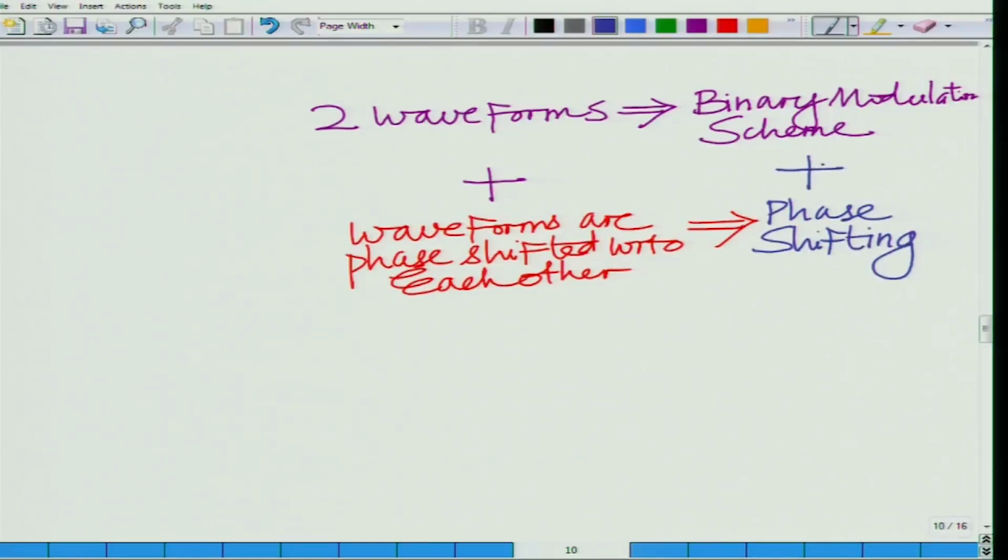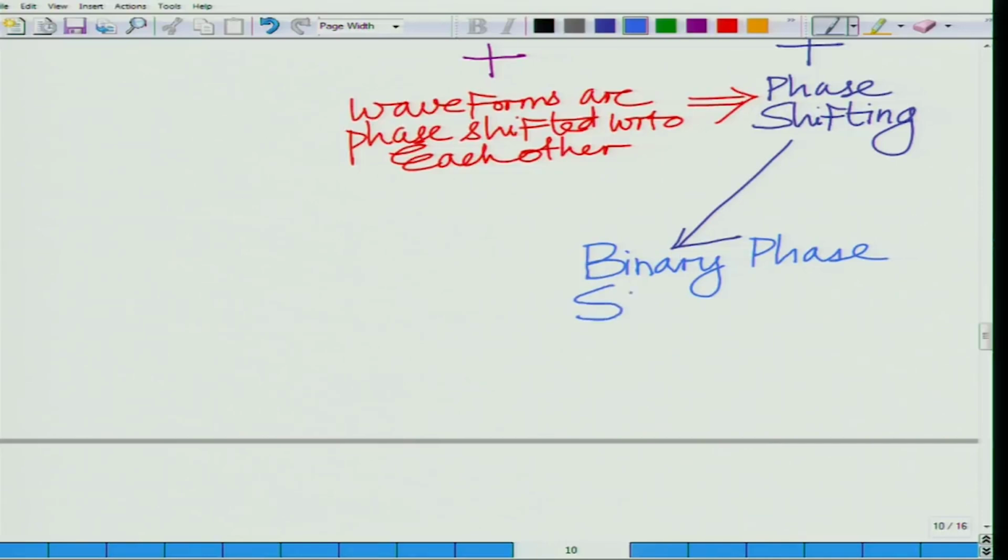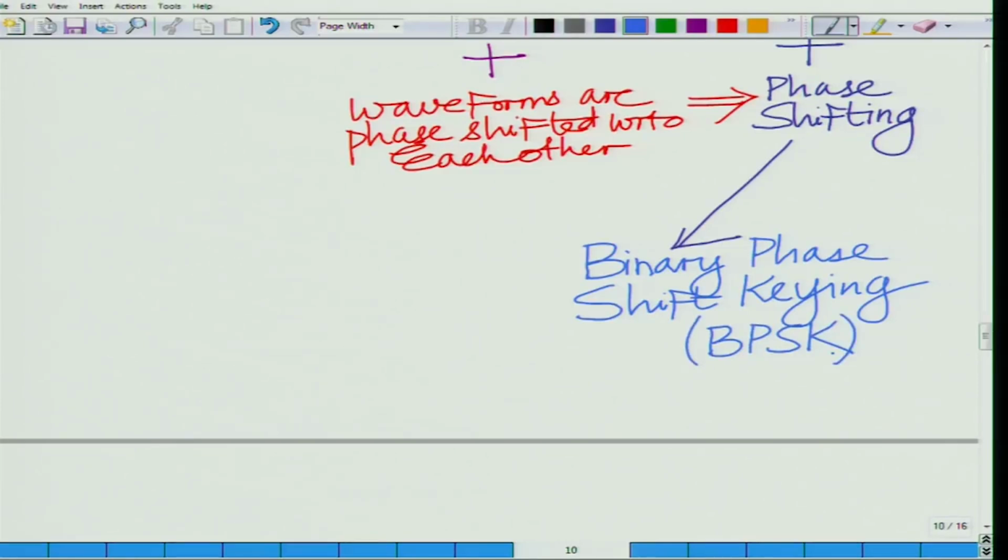So, you have binary plus phase shifting, that gives rise to the name, and this is important. It is not just an arbitrary name, there is a motivation behind every nomenclature. The motivation behind calling this binary phase shift keying is that there are two waveforms which are phase shifted with respect to each other. Therefore, this is known as binary phase shift keying.